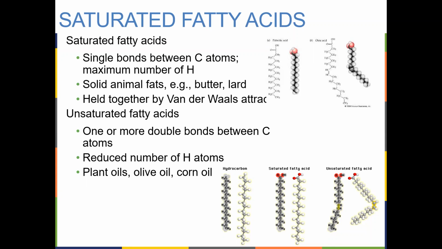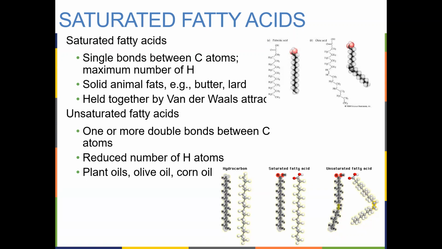And so your plant fats don't get van der Waals. They aren't solid at room temperature. They're a liquid. They're an oil. And they're an oil because there is no van der Waals attraction pulling them together, simply because their chains have double bonds.